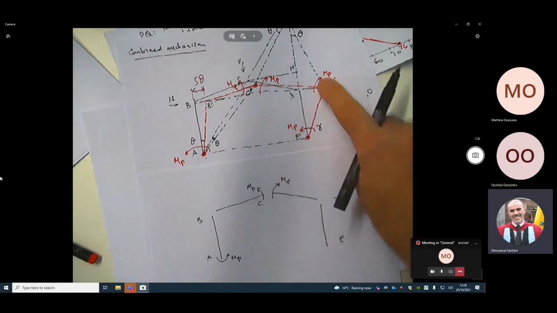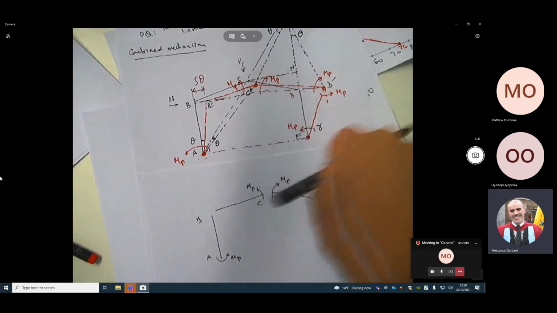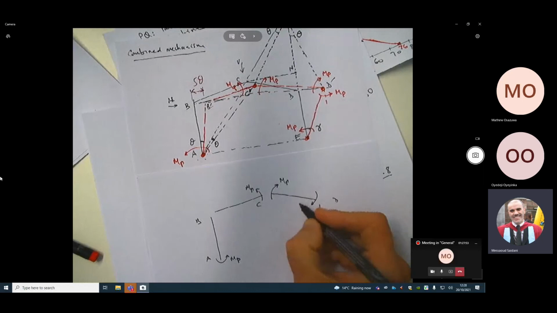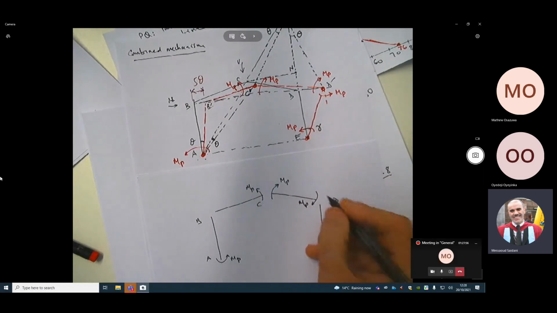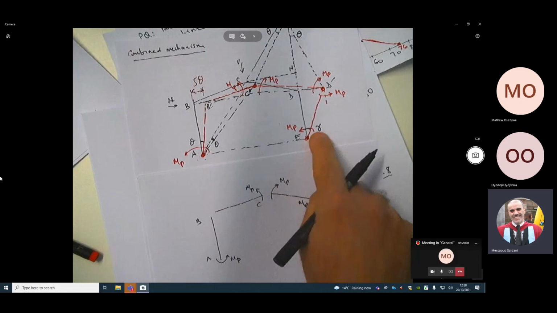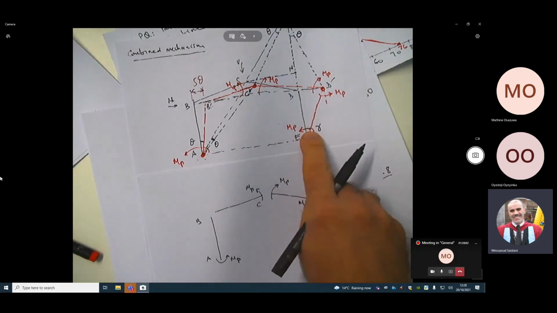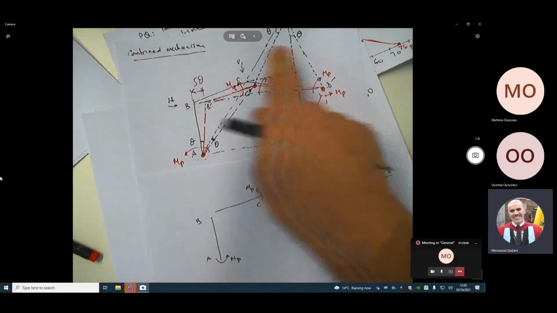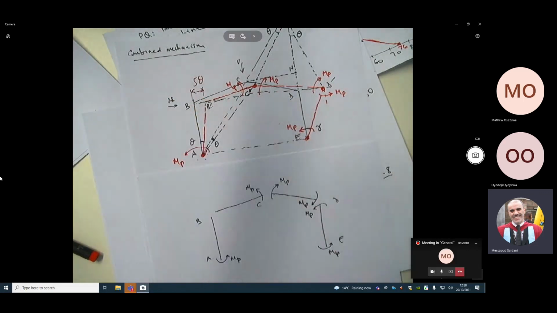Then at D, we have MP, that's clockwise, and we have anti-clockwise MP there. And finally at E, we have anti-clockwise MP. That's why it's very important when you draw your collapse mechanisms, you show the direction of the moments.